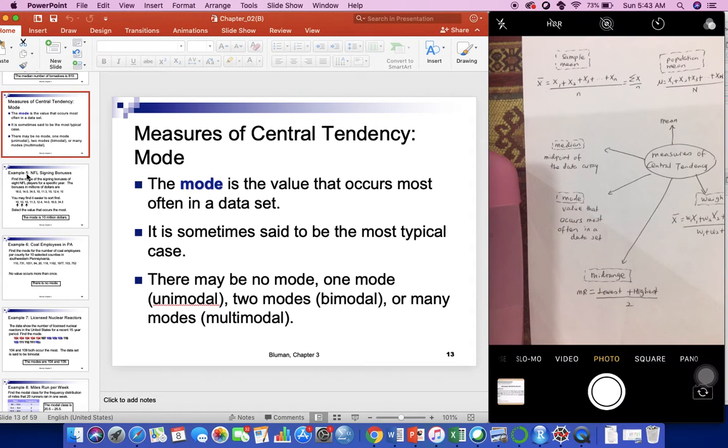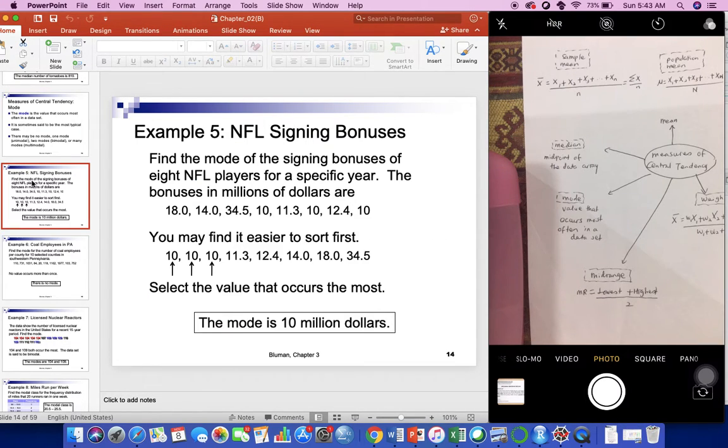So for mode, the first thing, like in the median, is you need to arrange this data set. We have 18, 15, 34.5, 10, 11.3, 10, 12.4, 10. So first you need to arrange this data array. You can see that the lowest number is 10.